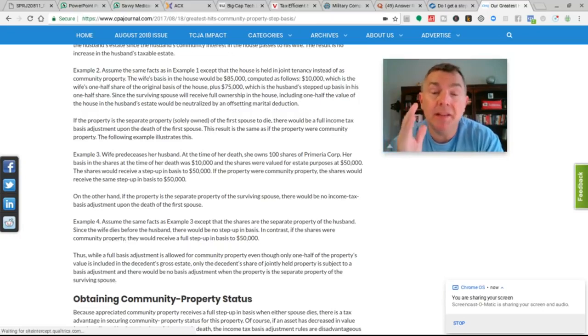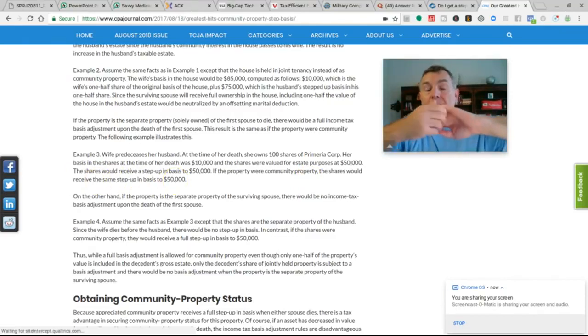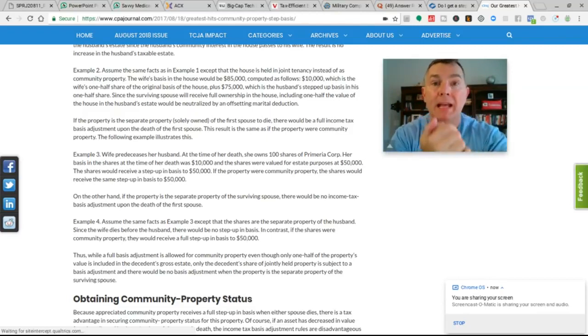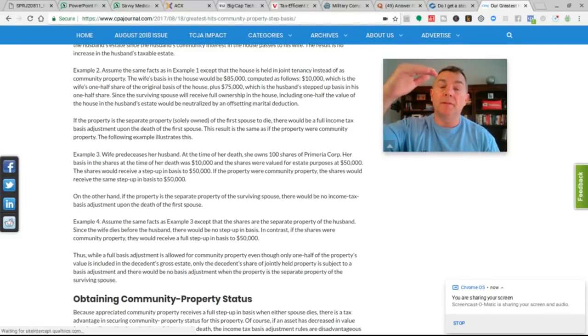Just like anything that you own only, not jointly, if it's in your name only and you die, it will receive a step up in basis to the person who you bequest that to. If the property were community property, the shares would receive the same step-up basis to $50,000. So if you have a community property asset, and $10,000 is the cost basis, it grew to $50,000.